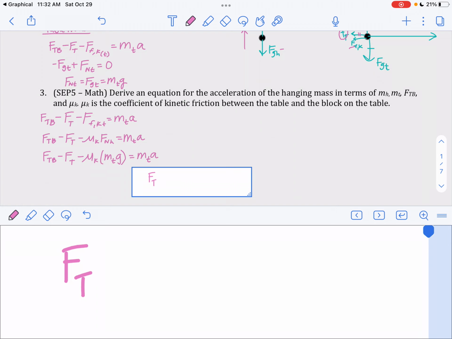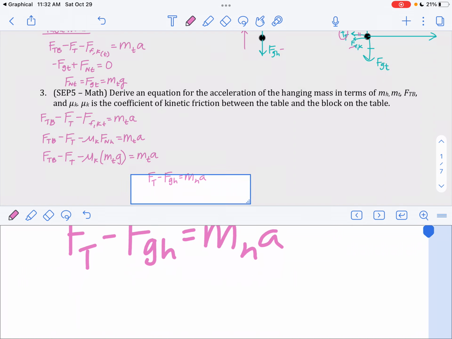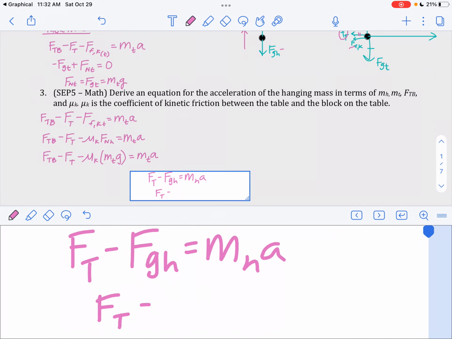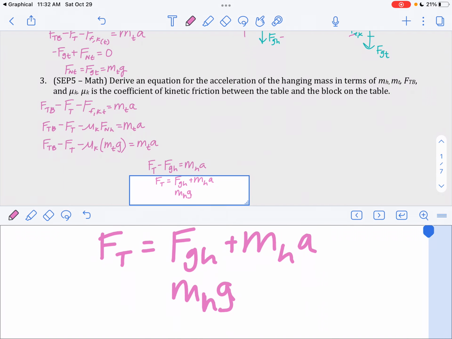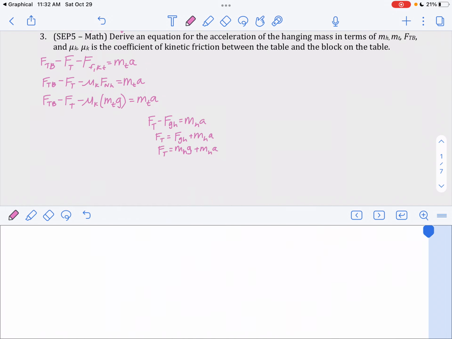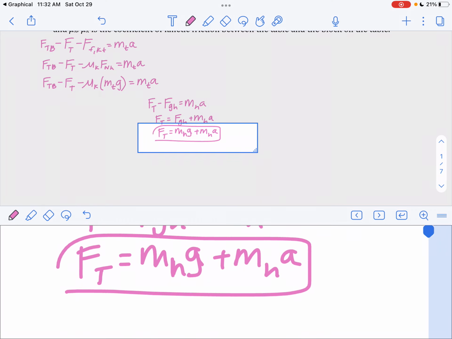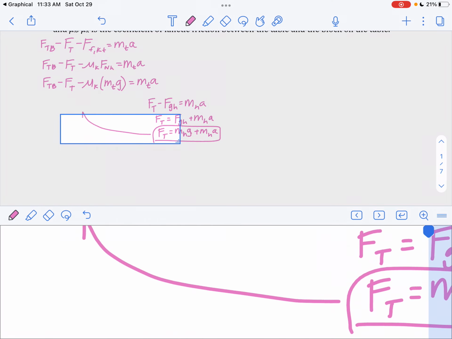So I have this as my Fnet, and I'm going to solve for Ft. I can plug in mhg for the gravitational force acting on the hanging mass. And then I can plug that in for Ft into this equation.